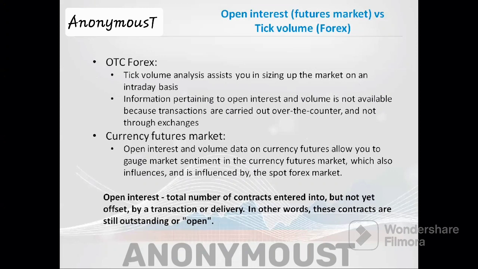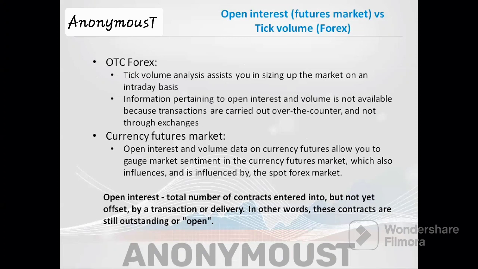When you buy, to close the position, you sell it. When you sell, to close the position, you buy it. If you don't do the opposite action, it means the position is still open. And the number of open positions helps you understand how many people are interested in that market, in that future, at a particular price.